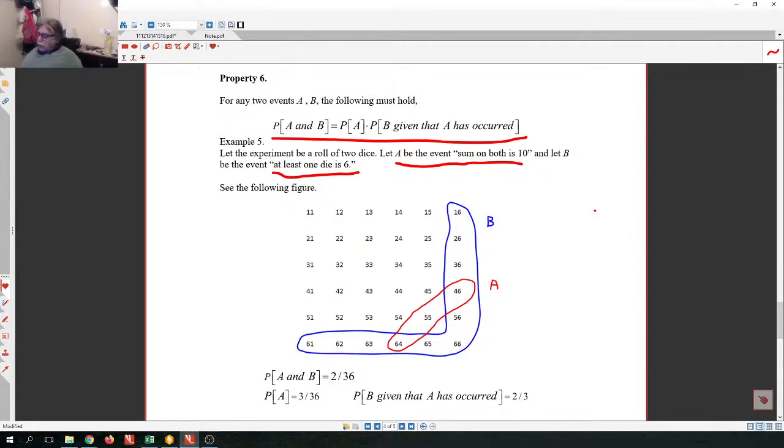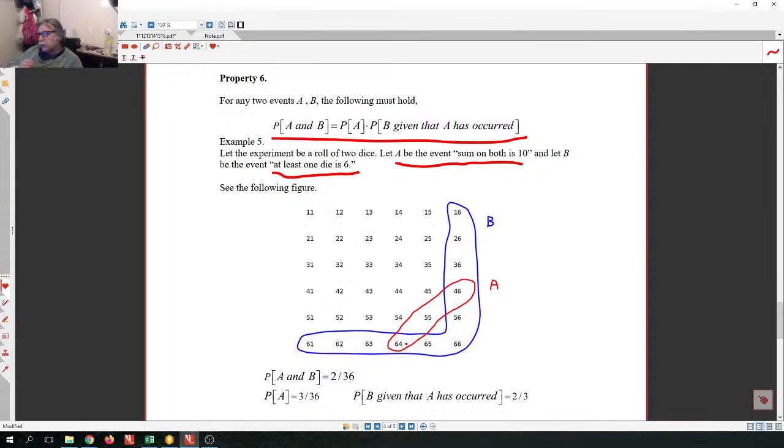Now, what this property says is about the probability of A and B. The probability of A and B covers the outcomes that are in common. So that's this one and this one, so the probability of A and B is 2 out of 36. When you say I have at least one 6 and the sum is 10, we're talking about 4 6 or 6 4.